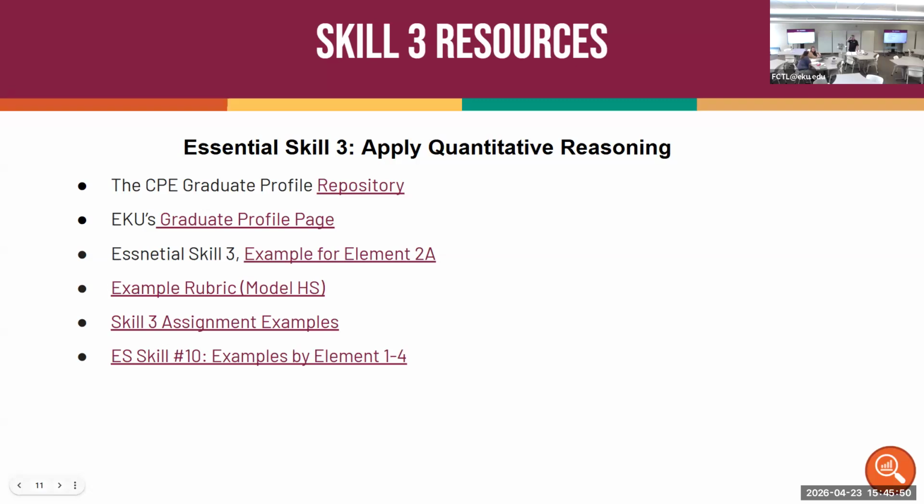This is that last slide that I just want to point out real quick, where it has, from the slide deck, all of the different things that we have today, plus some more that I didn't talk about, just for you to peruse if you're ever feeling nosy. We have the repository, the graduate profile page, essential skill 3, the example for element 2A.